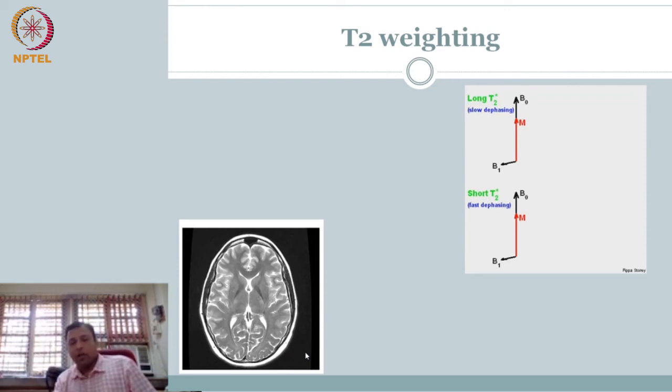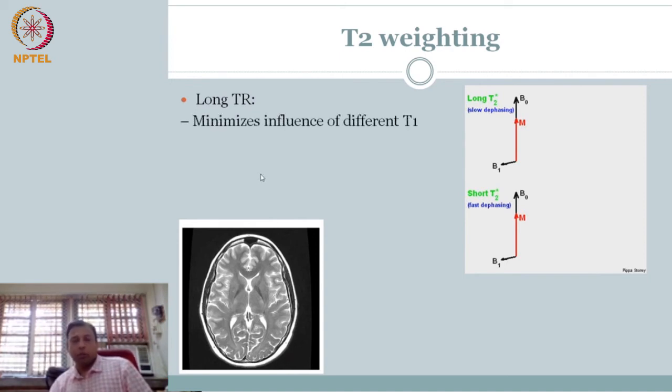That means I will allow all of them to go back to equilibrium. So here I will use a long TR. If I use a long TR, I will minimize the influence of T1. That is what we saw even in proton density. So minimize the influence of different T1 by waiting for a long time.